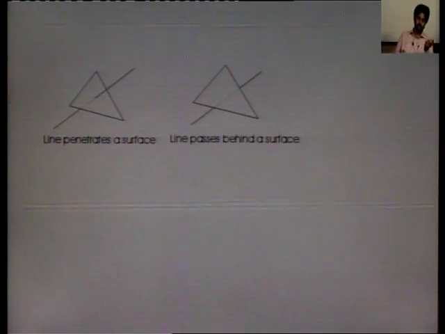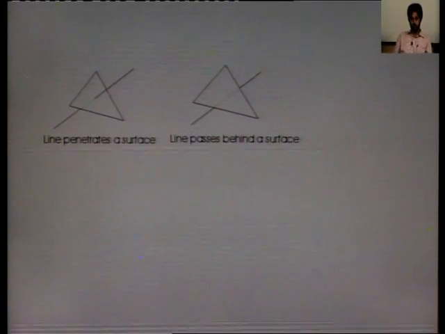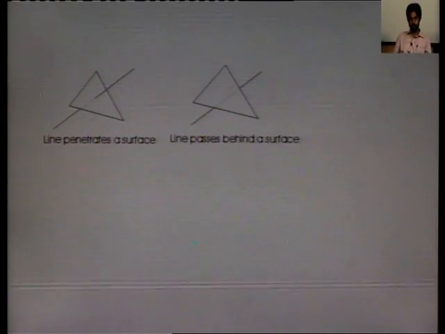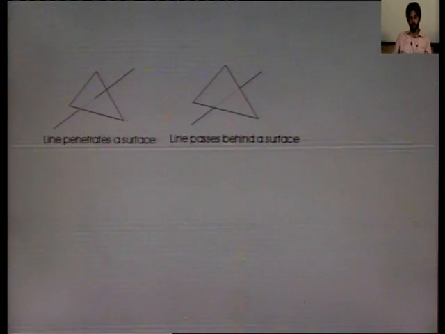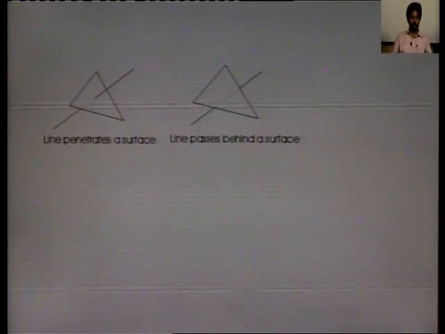In the second figure, you can see the line is behind the figure. So we can clearly conclude that the dotted line in this shape is hidden. In the first figure, it is clear that the line is going through the object.